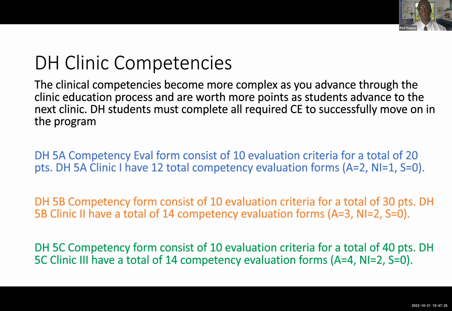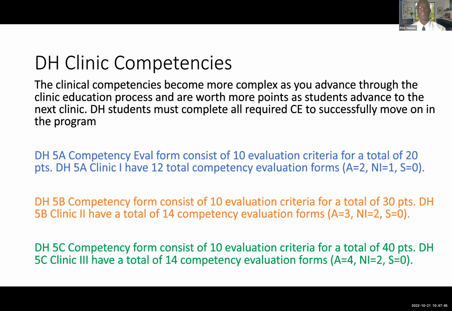It could be very disheartening for a student not to complete a CE, but it does happen. In DH5A, the first year clinic, the competency evaluation forms consist of 10 evaluation criteria for a total of 20 points.